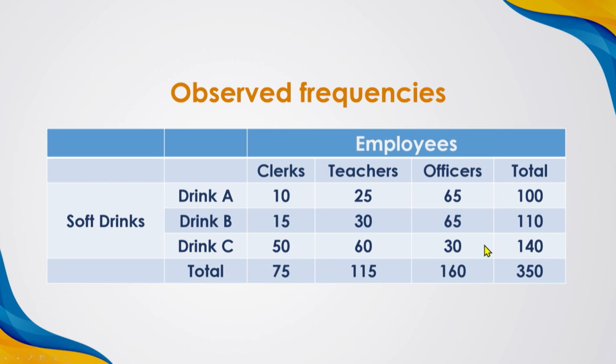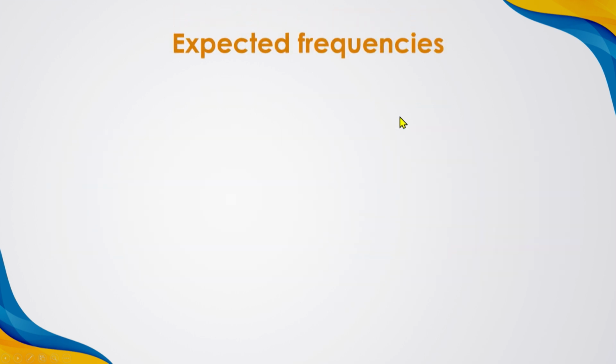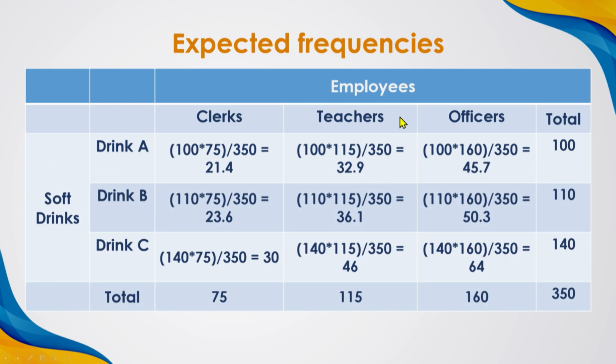With this you can get it, and again after calculating all the expected frequencies for these values, the totals should match with these ones only, that is 100, 110, 140, similarly 75, 115, 160. Let us see the calculation of expected frequencies now.